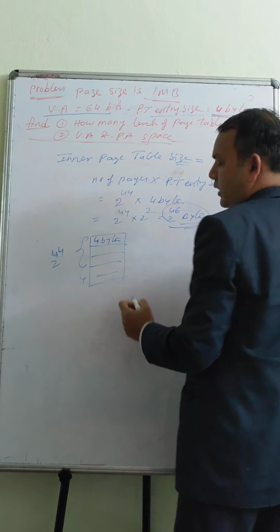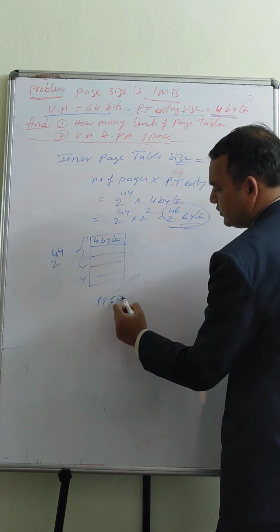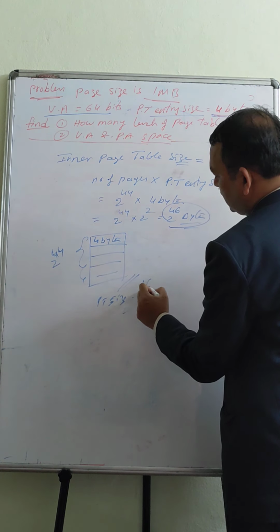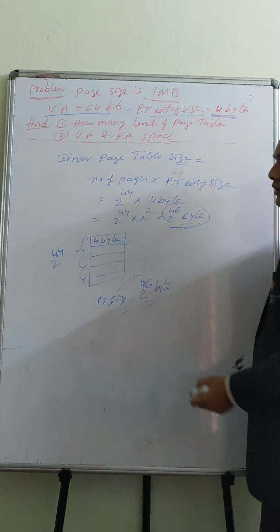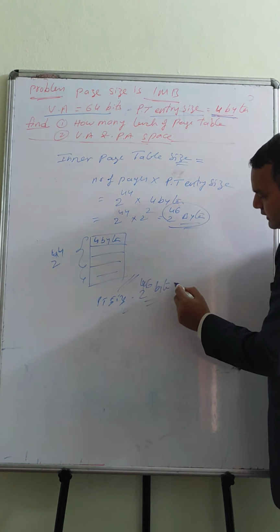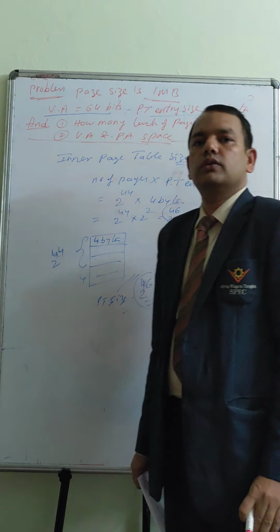Now what is this page table size? PT size is 2 power 46 bytes. It's obviously greater.